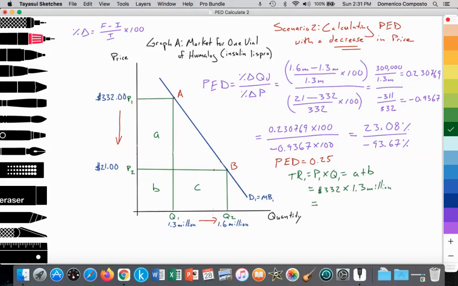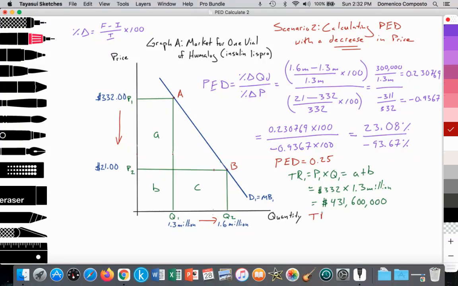So the initial total revenue, 332 times 1.3 million. So that was $431 million, 600,000.